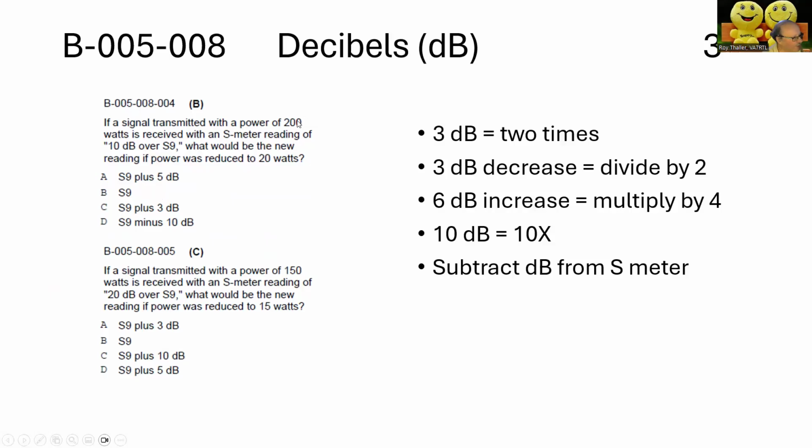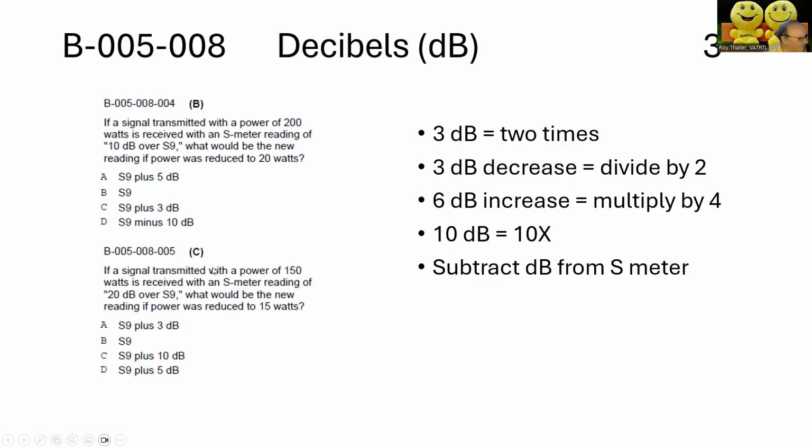So here you would go from 200 watts to 20 watts, which would be 10 times. That would be equivalent to 10 dB. So you'd simply cross out the 10 dB because you're over S9, so the correct answer would be S9, which would be B.